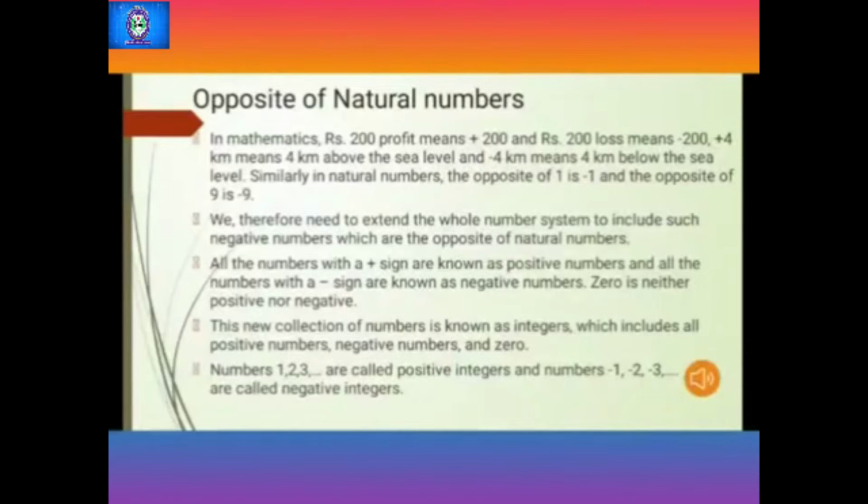This new collection of numbers is known as integers, which includes all positive numbers, negative numbers and 0. Numbers 1, 2, 3 are called positive numbers or positive integers and numbers minus 1, minus 2, minus 3 are called negative numbers or negative integers.